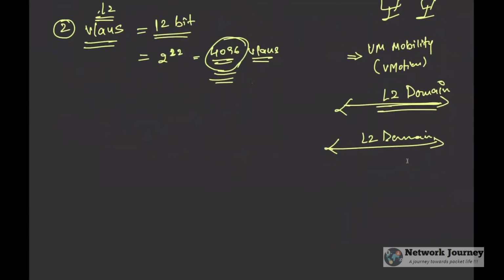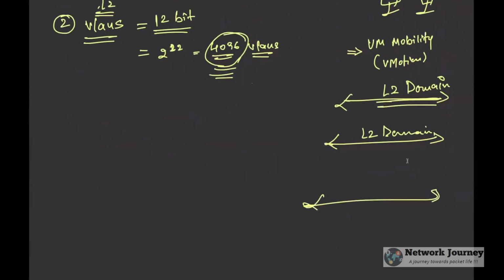If you want to do any live migration over your L2, you also need a complete L2 domain end to end. So these are some of the reasons why we need the L2 domain end to end.